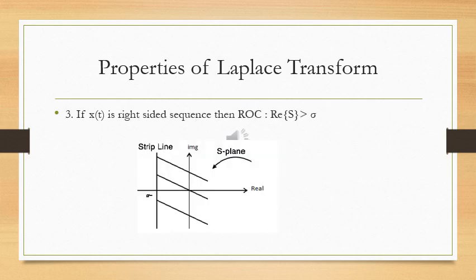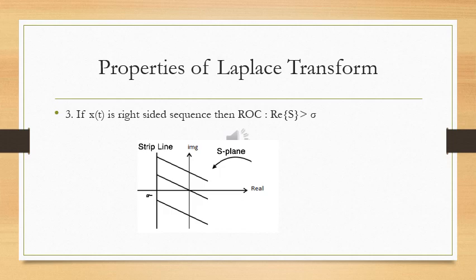Consider the third property of Laplace transform. Here x of t is a right-sided sequence. Then the ROC will be real part of s greater than sigma. Consider the example taken for property 1.